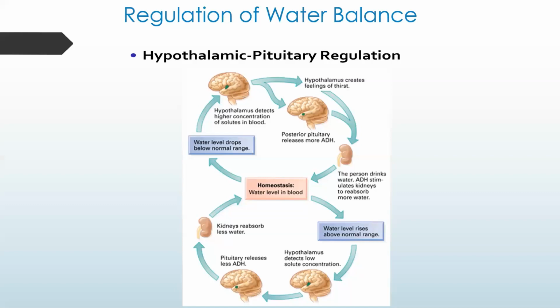Angiotensin 2 is a powerful vasoconstrictor, and it signals the adrenal cortex to release aldosterone. This aldosterone increases the retention of sodium ions, enhancing the secretion of potassium ions, resulting in water retention and an increase in blood pressure.